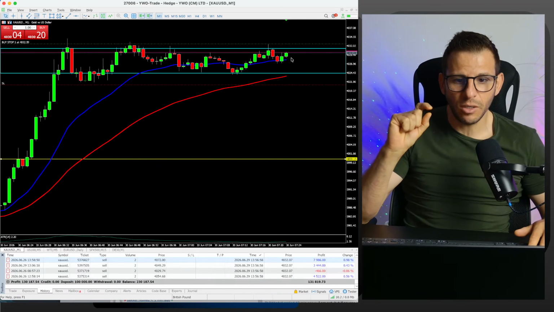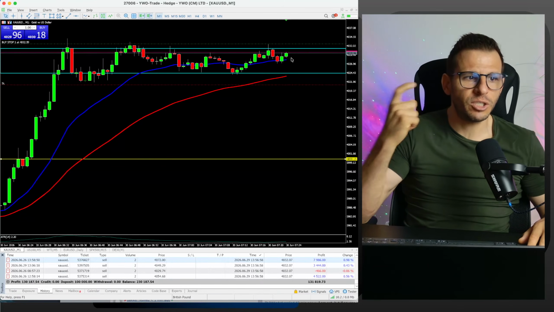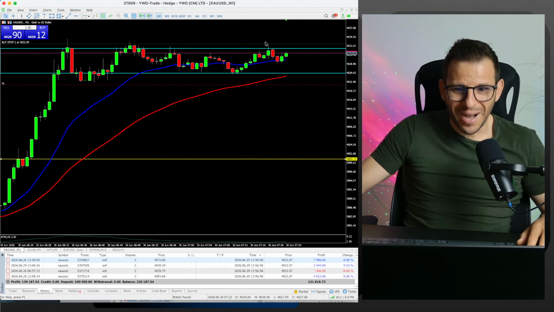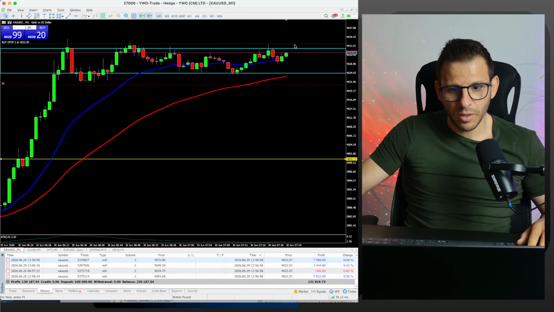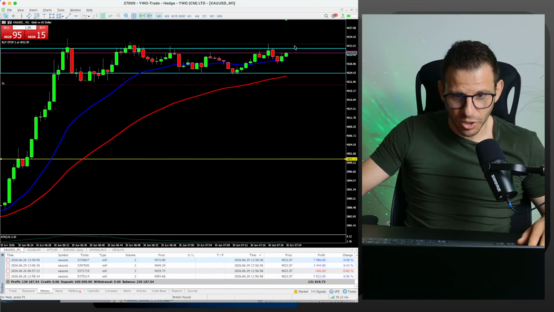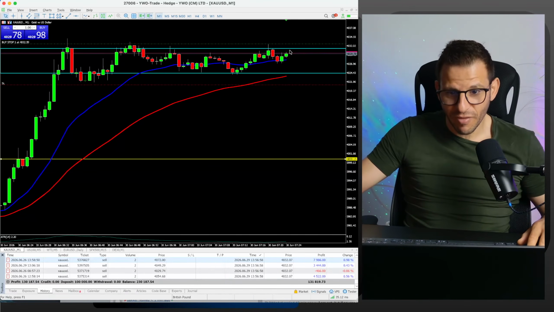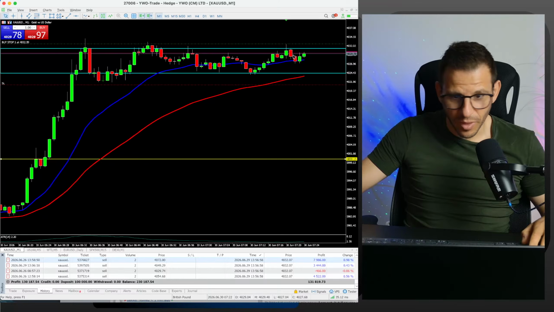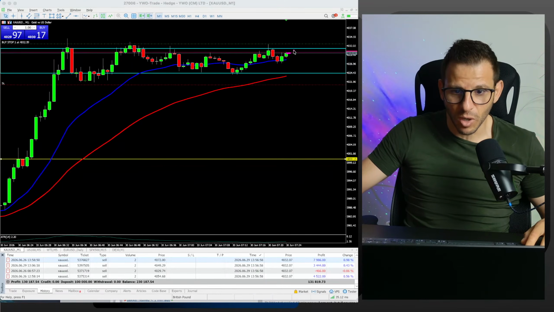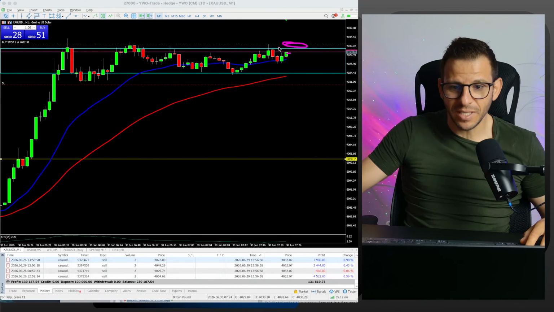If you trade gold and you have a large spread and you have a buy stop order here, I'm saying to the market, buy my position here only if the real price of gold moves above this line.